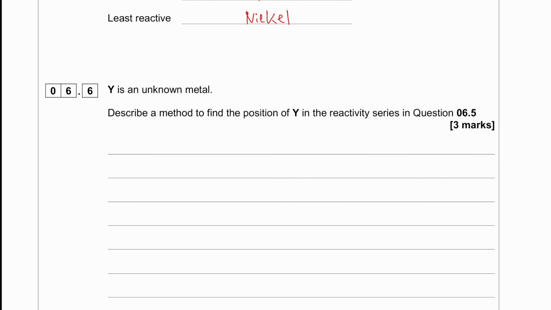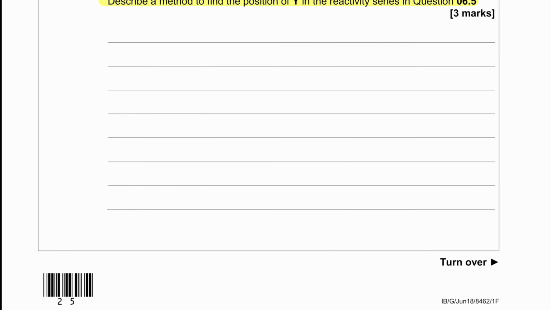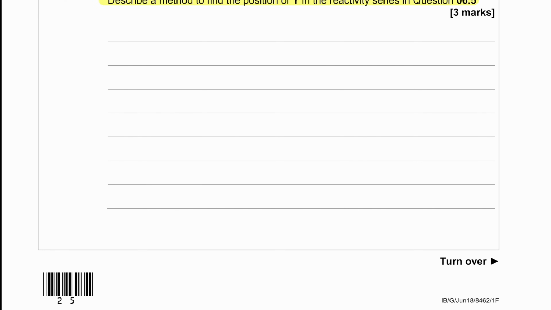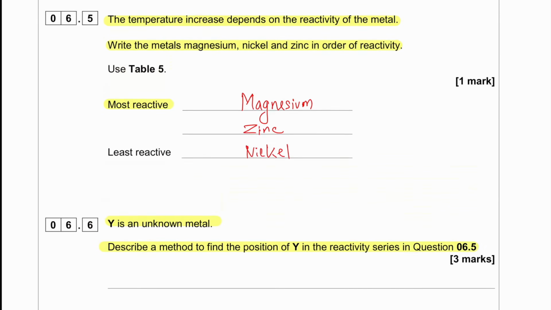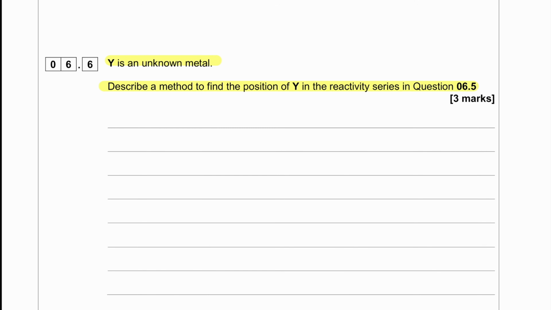Y is an unknown metal. Describe a method to find the position of Y in the reactivity series in question 6.5. Basically in a question like this, we just have to mention a suitable method of how we are going to find out. So what we can do is react the unknown metal Y with copper sulfate solution.